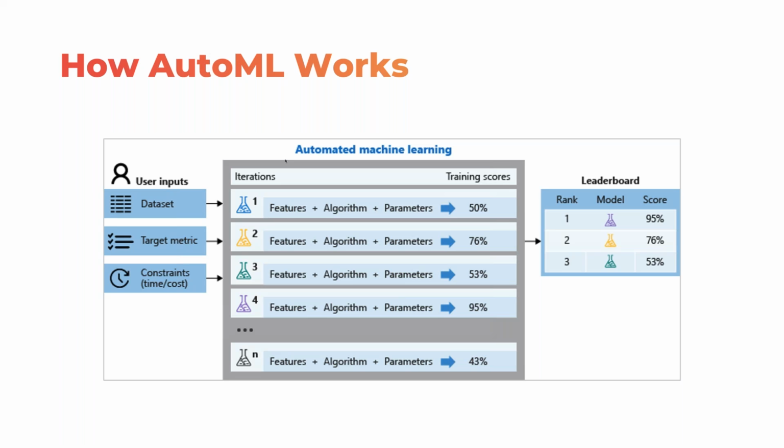So at the end of the job, you'll actually see a very nice leaderboard that is going to rank every model based on the score that you chose. And obviously from this, you can handpick the best and use that for your deployment and eventually for your inference and prediction. So that is the process involved in Azure AutoML.